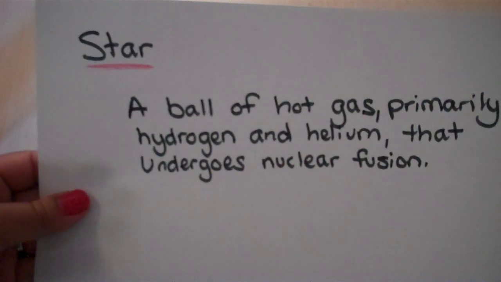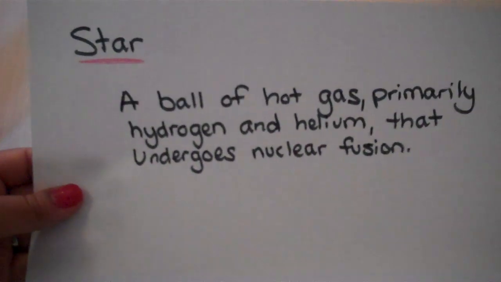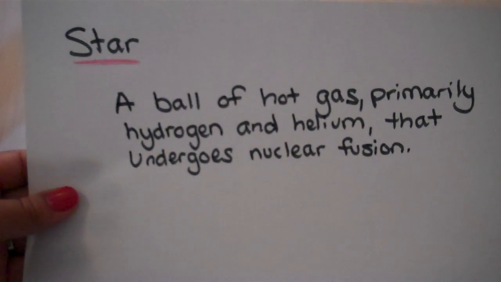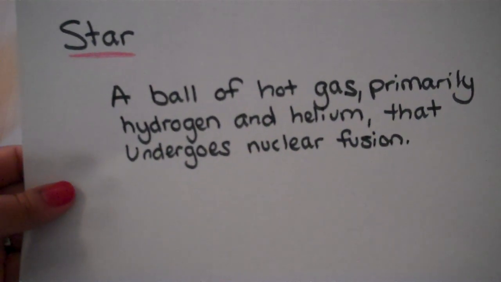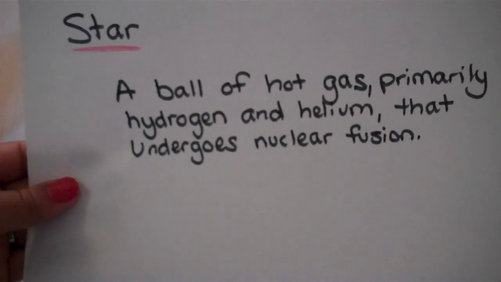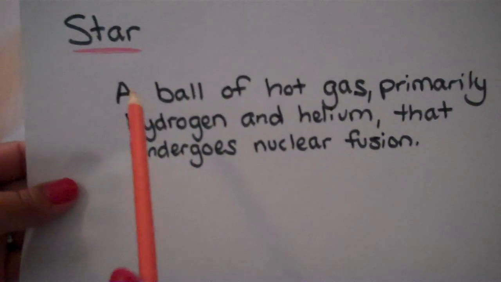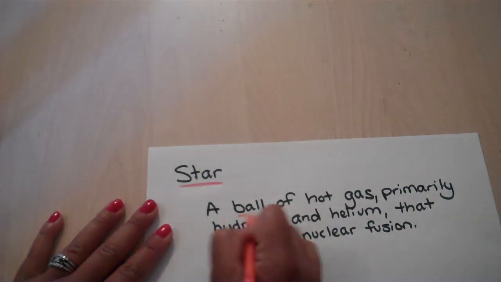The definition we have from the back of our book is that it's a ball of hot gas, primarily hydrogen and helium, that undergoes nuclear fusion. So this shape right here, this is key.